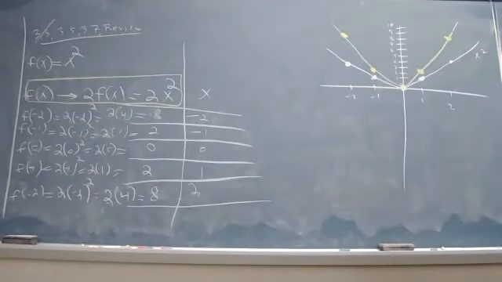I feel like it's going to flip. Never mind. Okay. It did something though. What did it do? What did it do compared to the white graph?